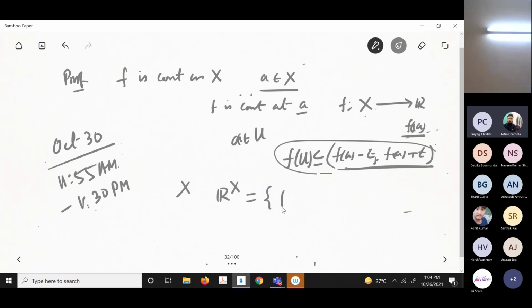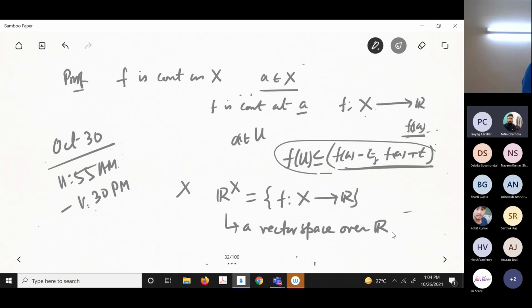For pointwise addition and scalar multiplication, this is a vector space, a linear space over R, under the usual addition of functions and usual scalar multiplication. Usual addition is pointwise addition and pointwise scalar multiplication. And B(X) is what? Bounded functions.